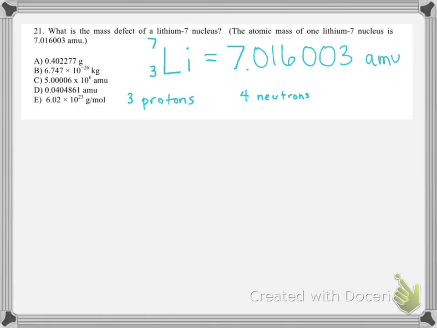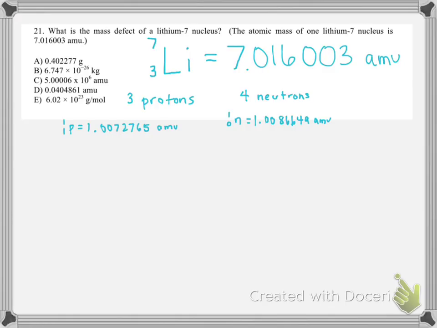And so a proton weighs 1.007275 AMU, and a neutron weighs 1.00866649 AMU. So you don't have to memorize those, they are on the data sheet.